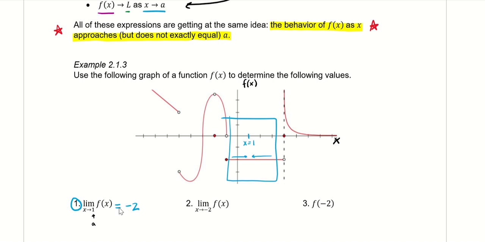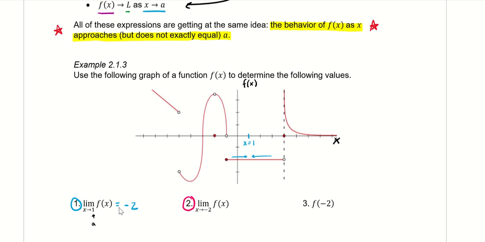And that's typically how we write the solution or the value of the limit. We say the limit of f of x as x goes to 1 is equal to whatever that value is, in this case -2. So the function is just sitting at -2 as we get closer to x equals 1.